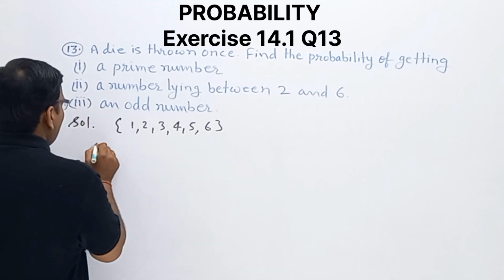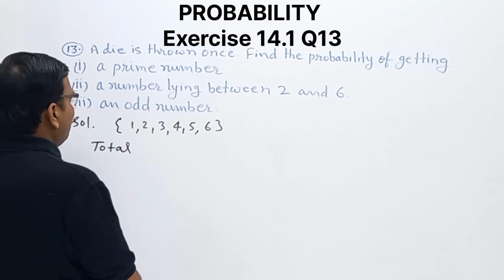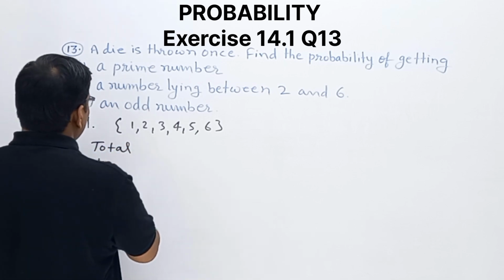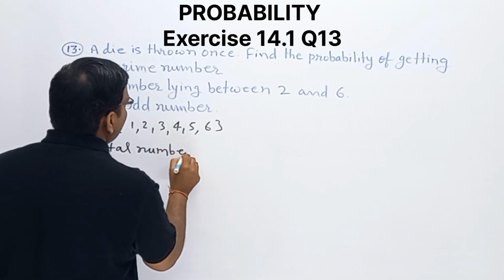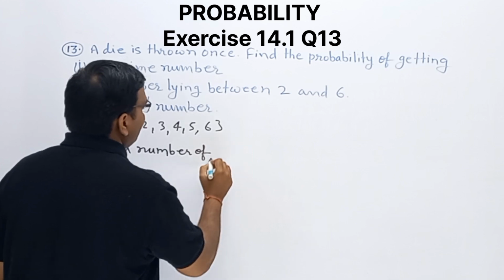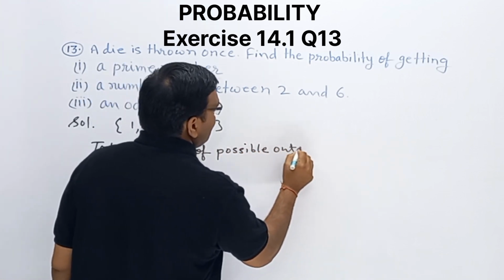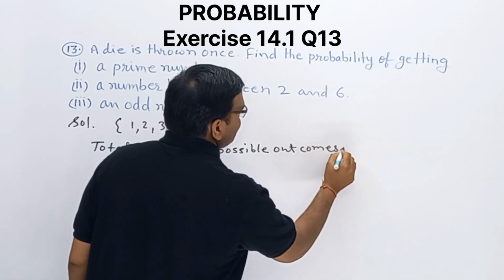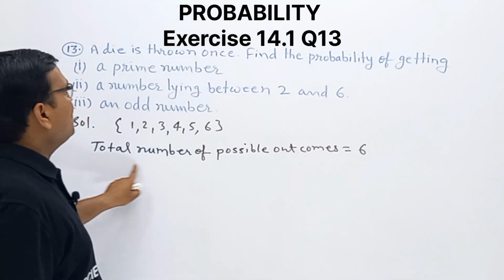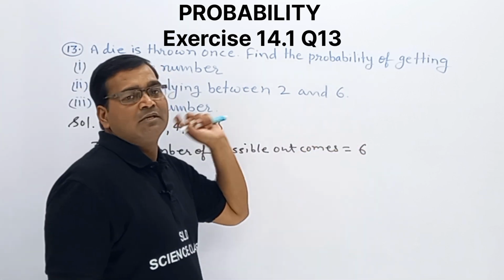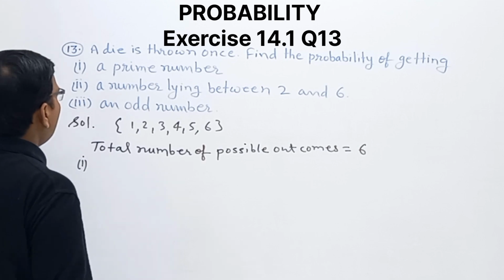So in a die, the total number of possible outcomes equals 6. Clear? Now I am solving the first question.